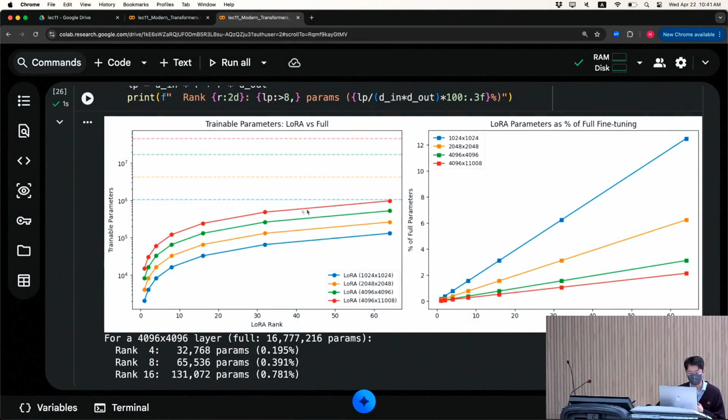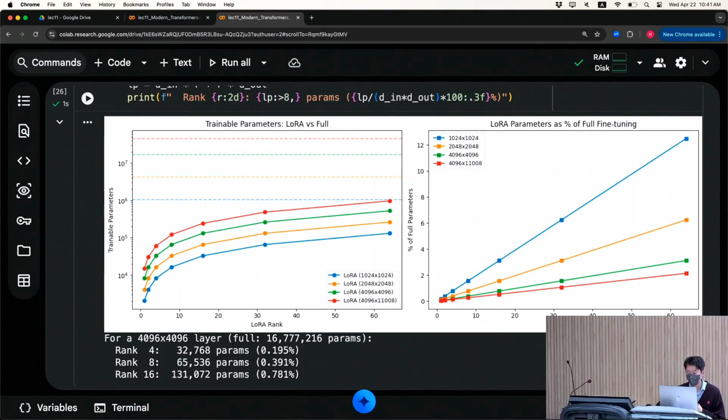As you decrease the rank in LoRA, the gap between the full versus LoRA parameters is quite significant. In terms of the ratio, here the y-axis is how much fraction of the full parameters we're going to train with LoRA, and x-axis is the rank again.